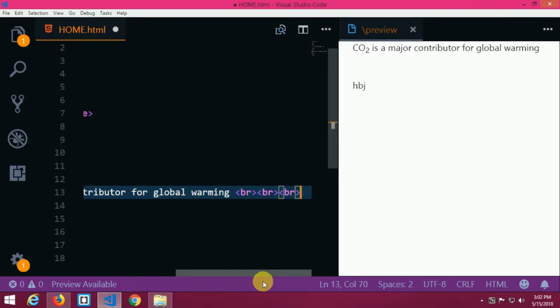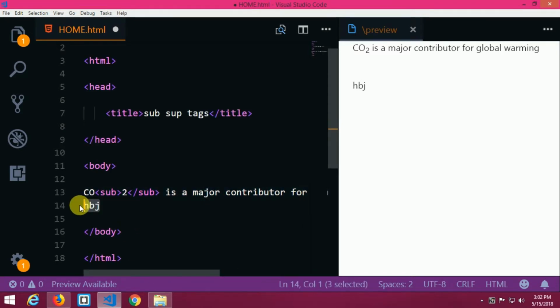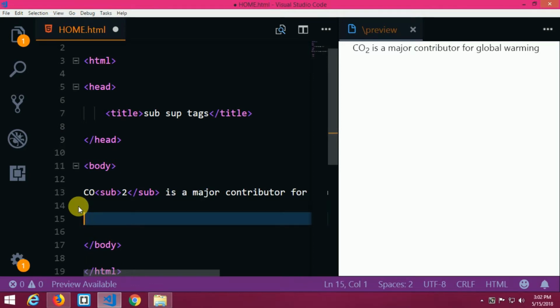So here I'm going to write, this is the sup tag's function. What is the sup tag's function? The use of the sup tag is that if there's a competition being held in a zone, the person who's coming in first is called the person who's coming in first place.